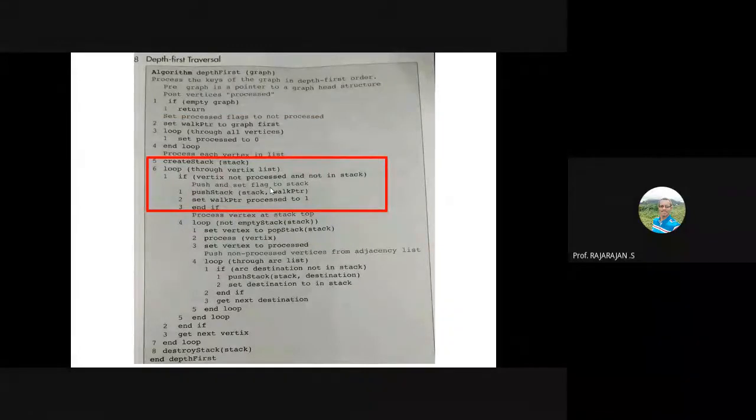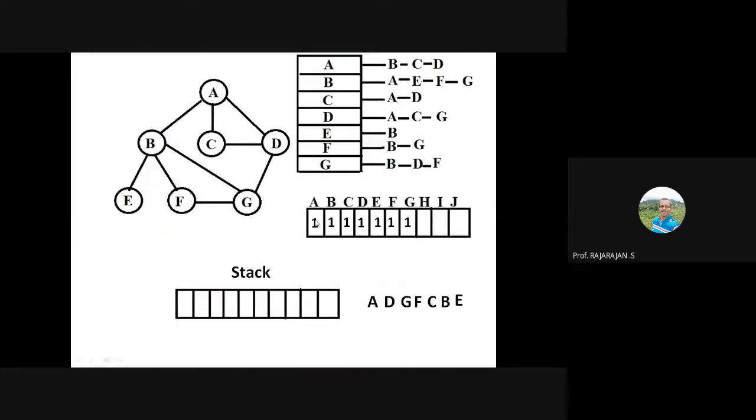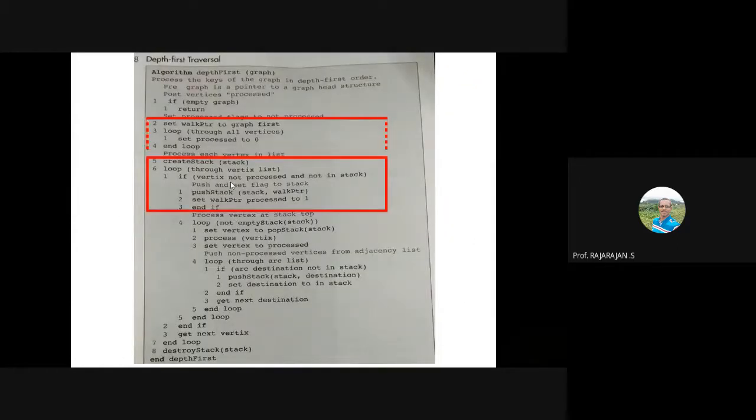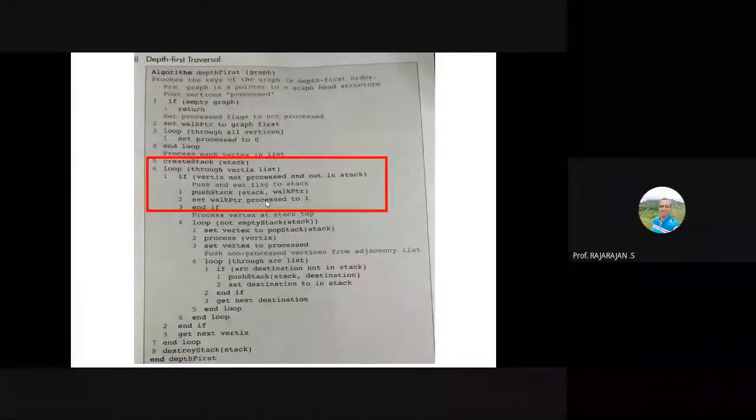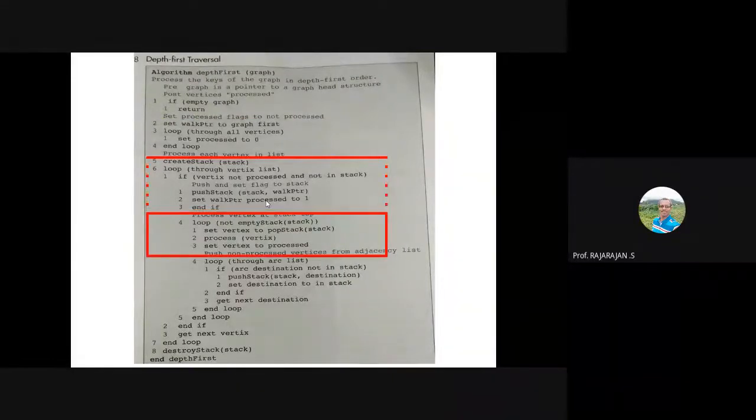So loop through the vertex list, push the current vertex onto the stack. When you started from A, it gets pushed into the stack, and that is what is done here. Push the current vertex into the stack, and you now have to identify its adjacent vertices.